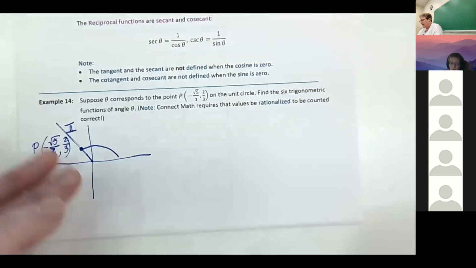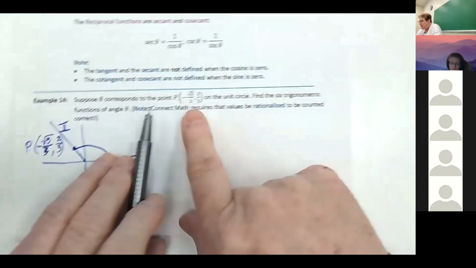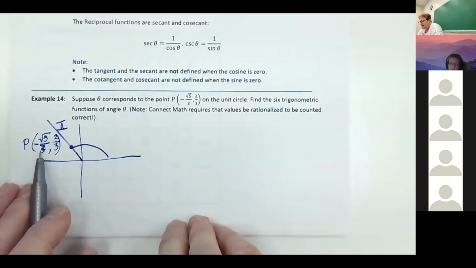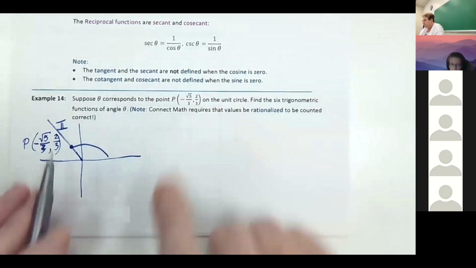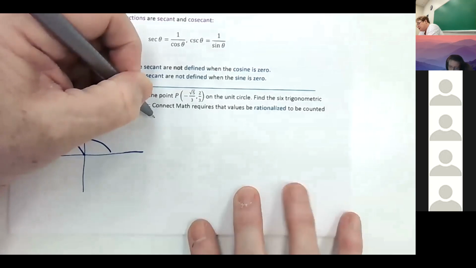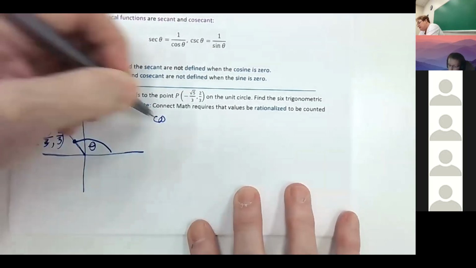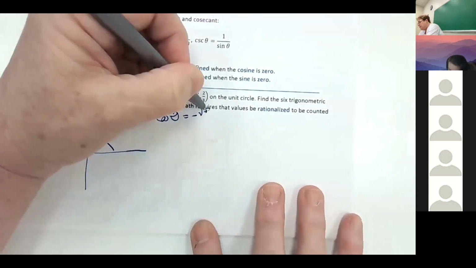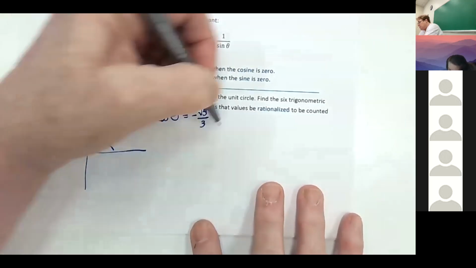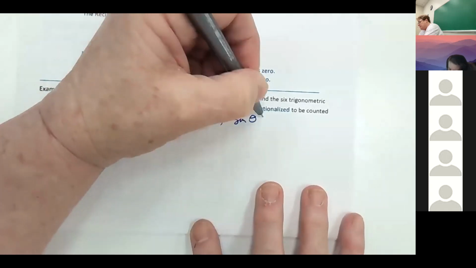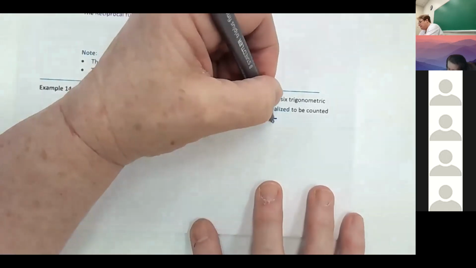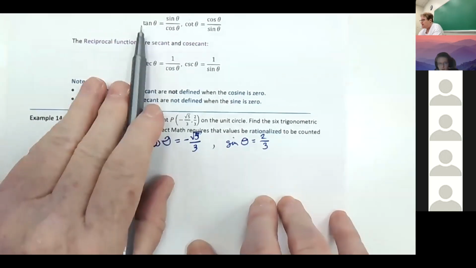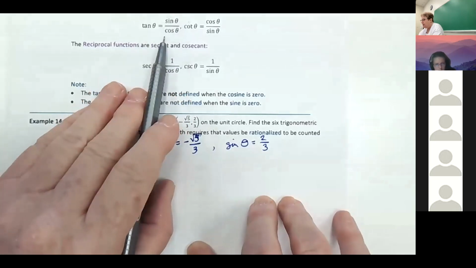Okay, all right. Well, remember that we define cosine to be the x and sine to be the y. So that means that the cosine, we're going to call that theta. The cosine of theta is negative square root of 5 over 3, and the sine of theta is 2 over 3. Tangent is sine of theta divided by cosine of theta.